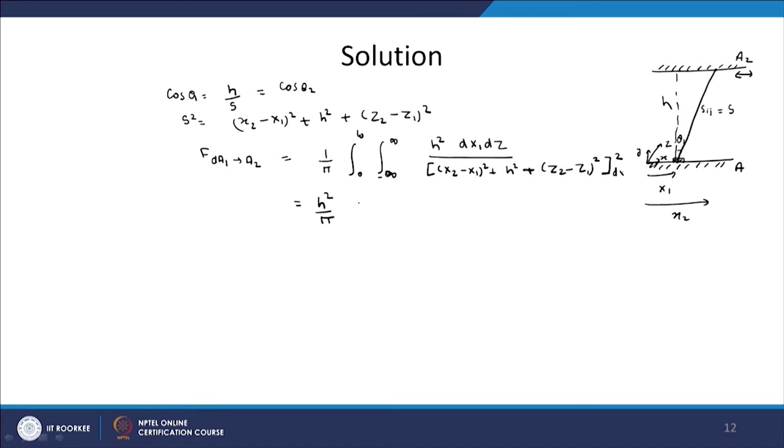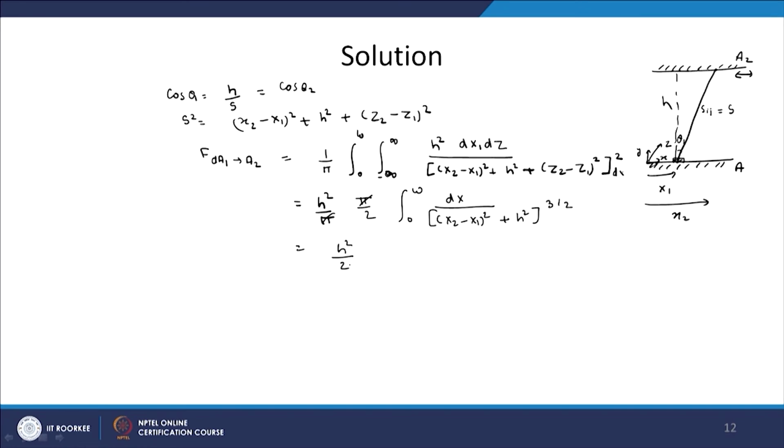So, this will give you pi by 2, integral 0 to w, dx upon (x2 minus x1) square plus h square, power 3 by 2. And then we will write h square upon 2.